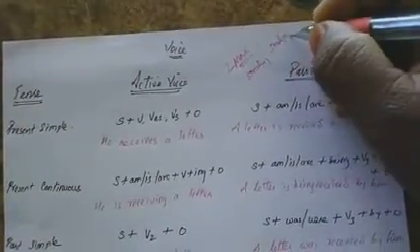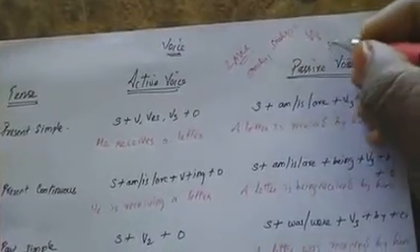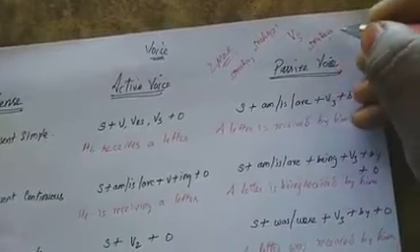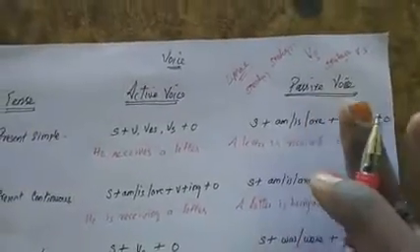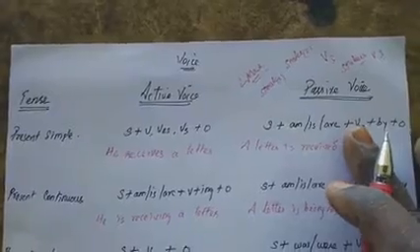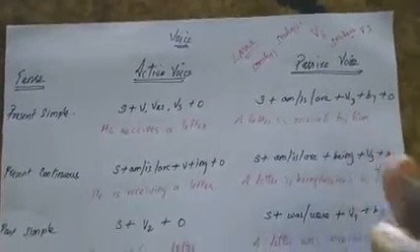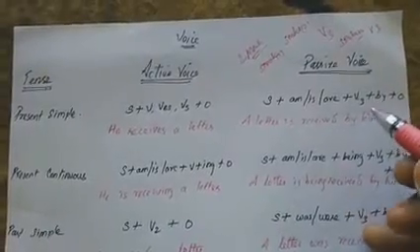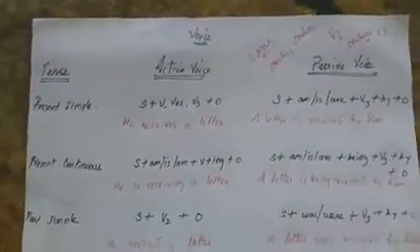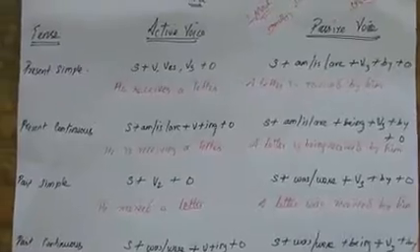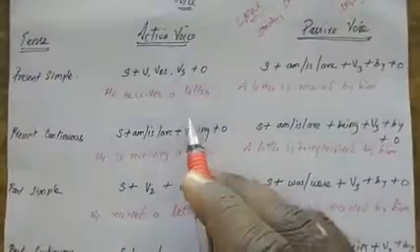Spoke, that is verb 2. Spoken, that is V3. And write, that is V1. Wrote, that is V2. And written, that is V3. Got it, children? Okay. So all the passive form verbs will come in the V3 form.